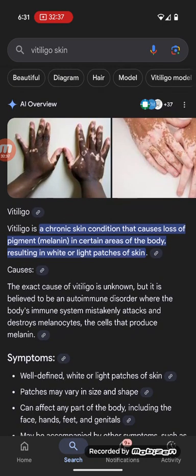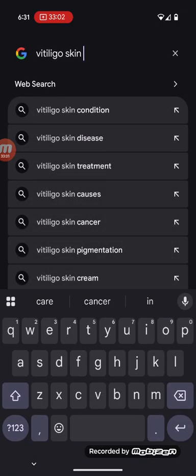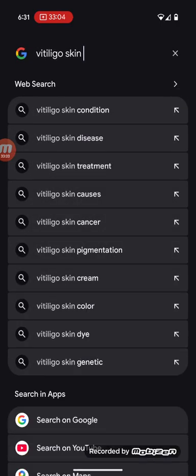It says the exact cause of vitiligo is unknown, but is believed to be an autoimmune disorder where the body's immune system mistakenly attacks and destroys melanocytes, the cells that produce melanin. So it attacks the cells that produce melanin in your body. All right, that's enough of that there.